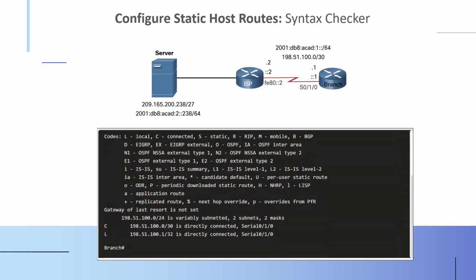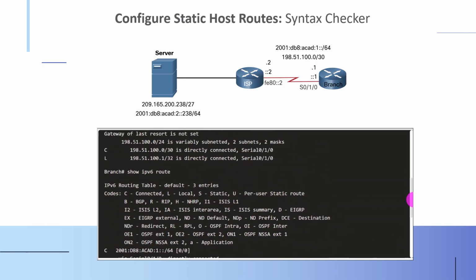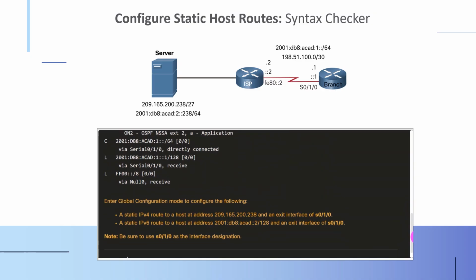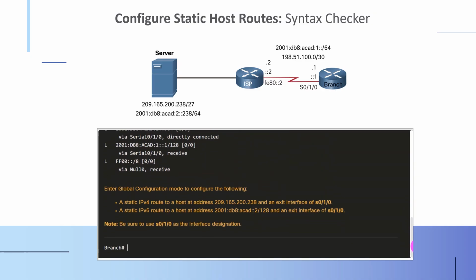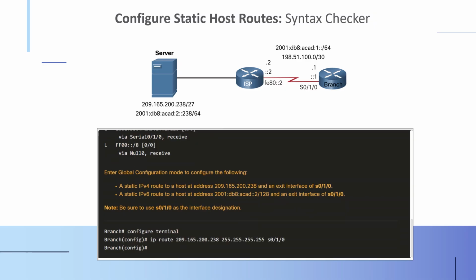But first of all, it looks like we have to display the routing table on the branch router for both networks, IPv4 and IPv6. So this is the routing table of the IPv4 network, and then we will show the IPv6, where we can see we have only the directly connected network and the local network listed for both IPv4 and IPv6.